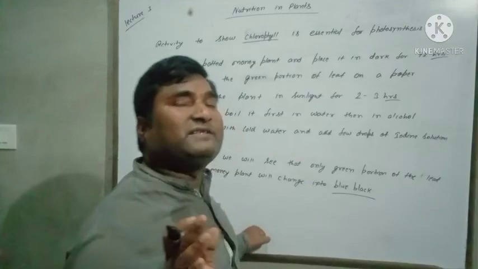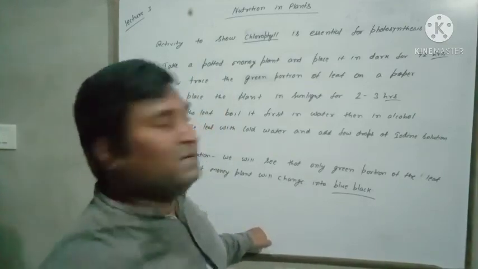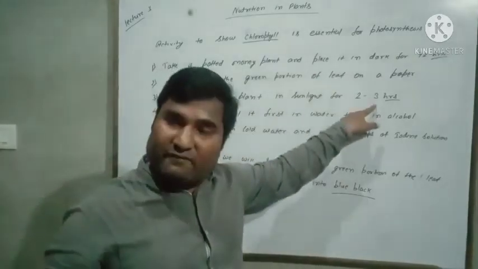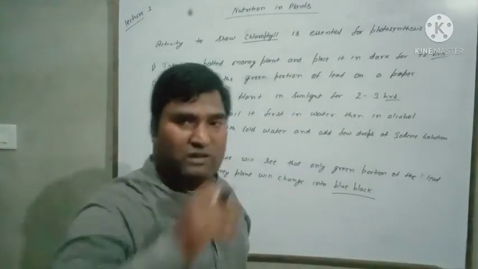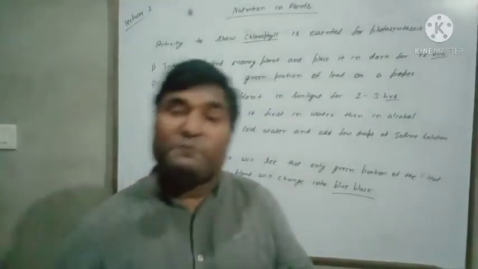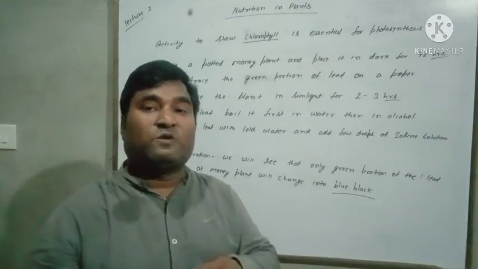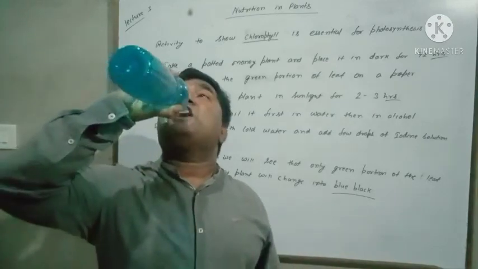So the yellow part receives nutrient from the green part. But during 2 to 3 hours, only starch is synthesized and it is still present in the green portion of the leaf. It is not transported to the yellow portion of the leaf.